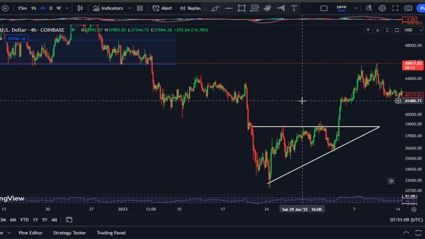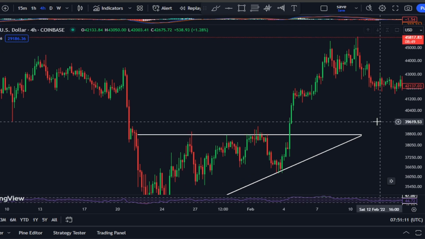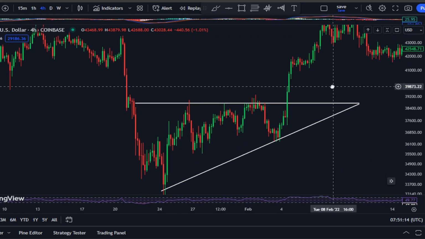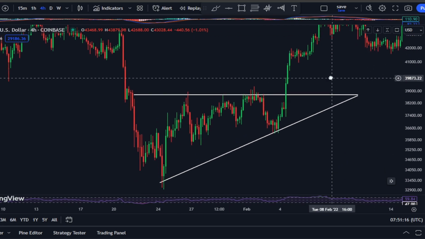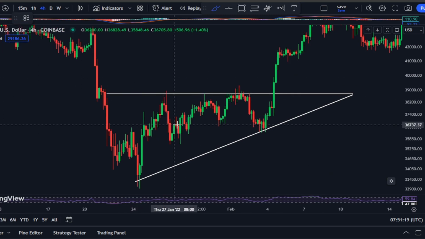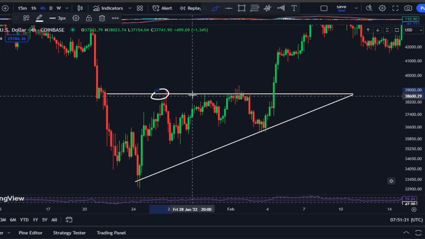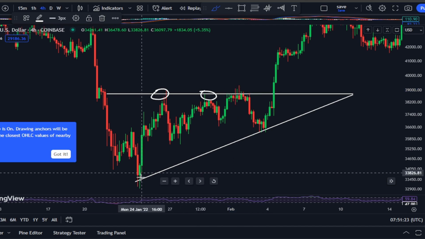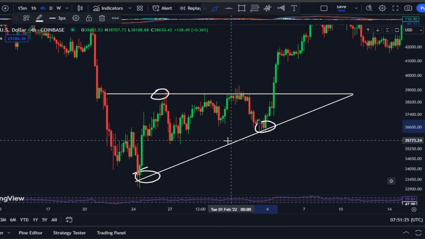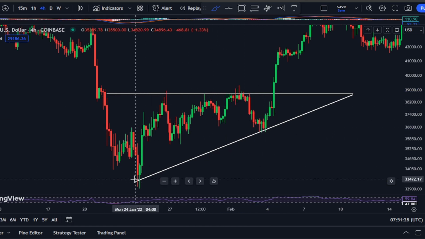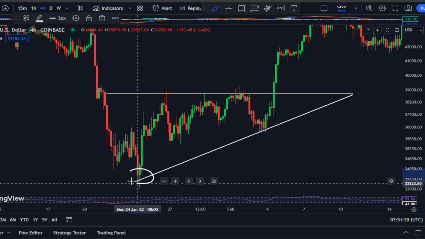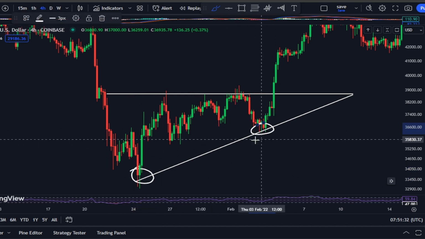We have more patterns over here. We have triangles right now. We have an ascending triangle, and an ascending triangle is a bullish pattern, because if you take a look at the charts right now, you can see that whenever we touch resistance right here, people are selling, but whenever we touch support right here, people are buying. But the buying pressure here is strong because we are forming higher lows. So it shows the market sentiment towards the price.